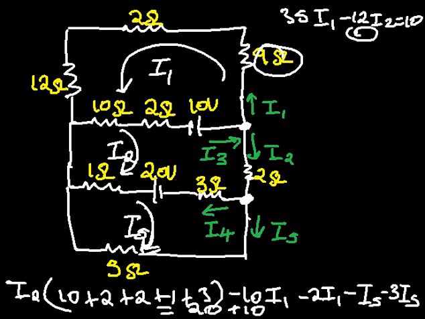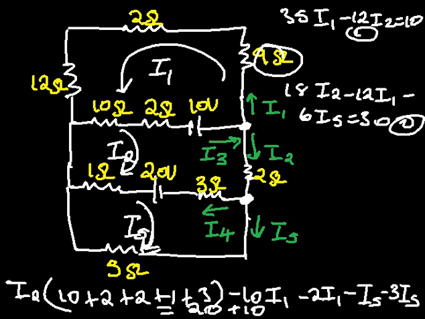We have it as 18 I2. And these are like terms. That is negative 12 I1, and also these are like terms. That is negative 6 I5, which is equal to 30. Now this is equation 2.